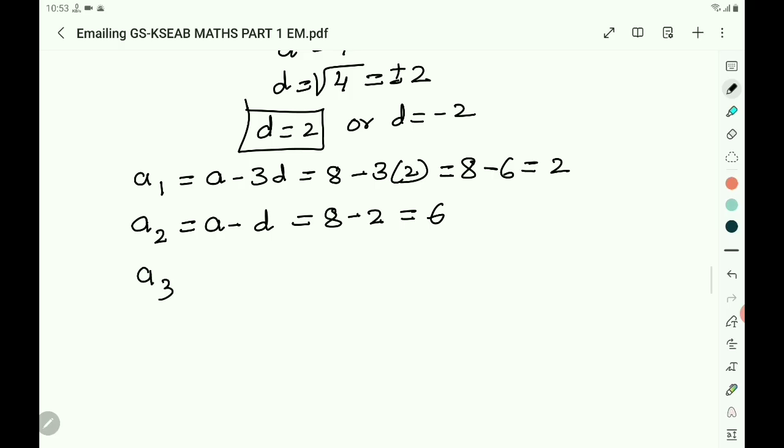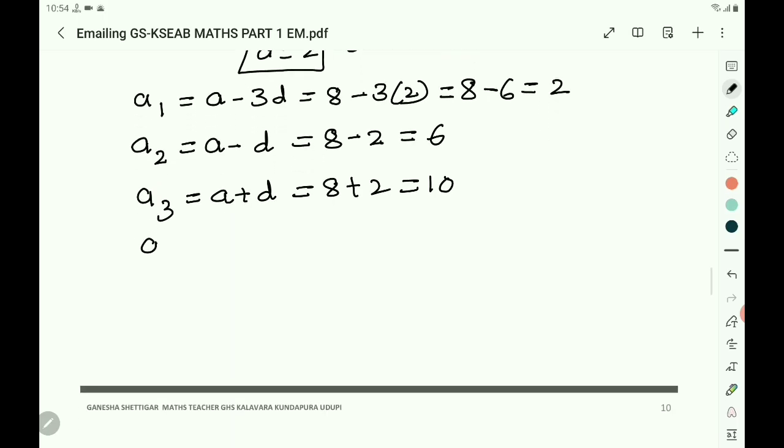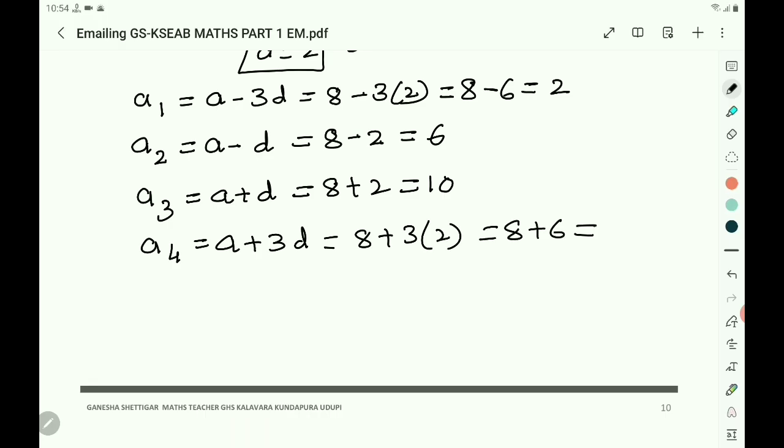Then A3 equals A plus D, that is 8 plus 2 equals 10. A4 is A plus 3D equals 8 plus 3 into 2 equals 8 plus 6 equals 14. So the four terms are 2, 6, 10, 14.